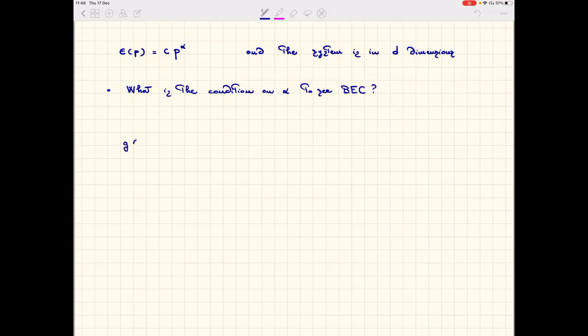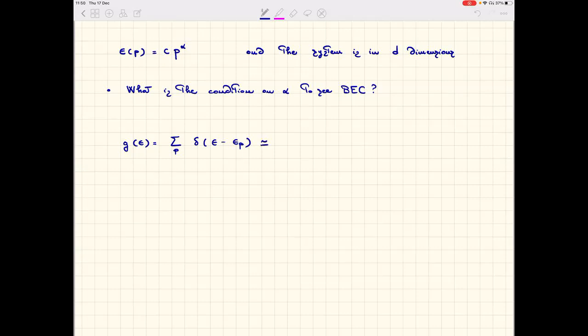G of epsilon equals the sum over p of delta of epsilon minus epsilon p. This is the definition of density of states.